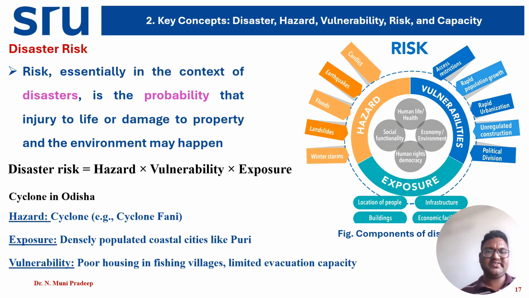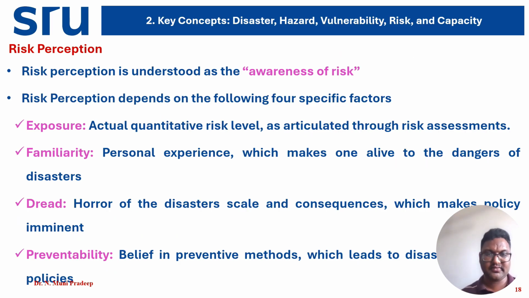Risk in the concept of disaster management is defined as, we discussed already, the probability or likelihood that a hazard will cause harm to the people. Right, the formula, everything I explained. Now I have to explain about cyclones in Odisha. That also we covered in the last class. So I'll quickly go to the next slide.